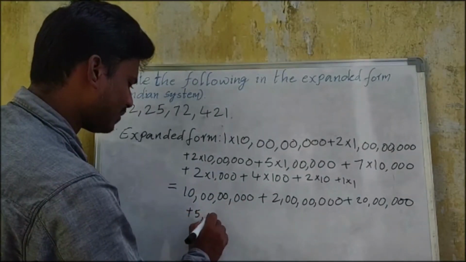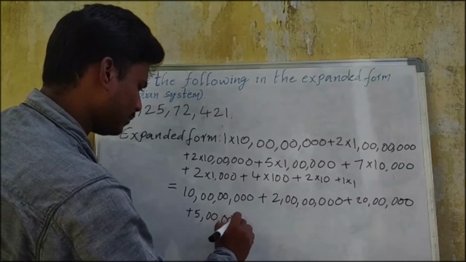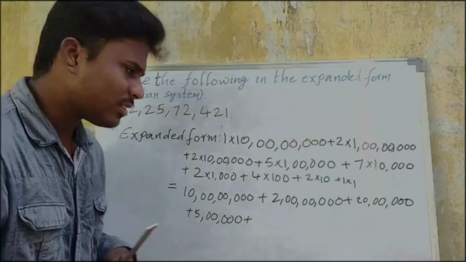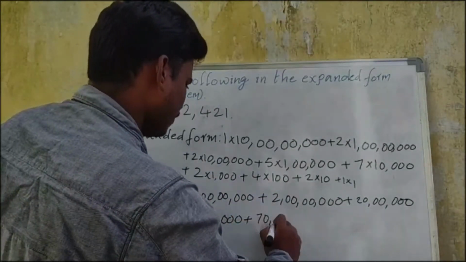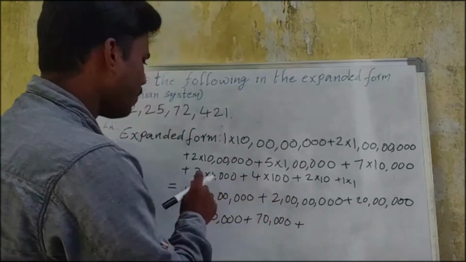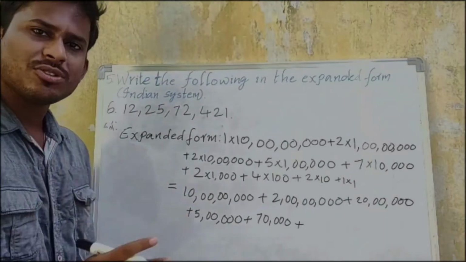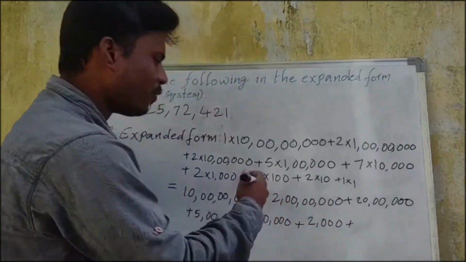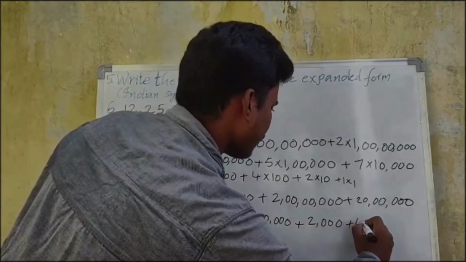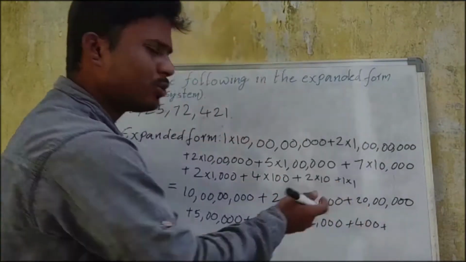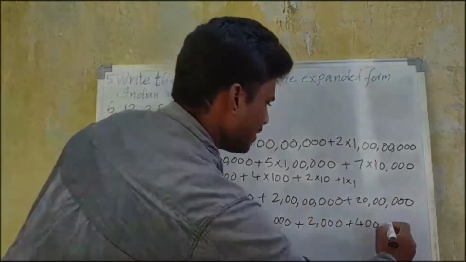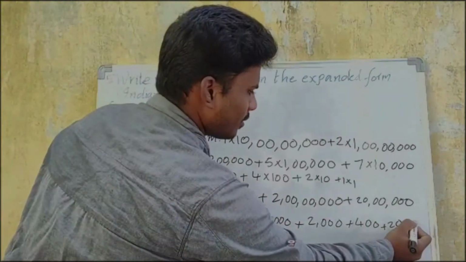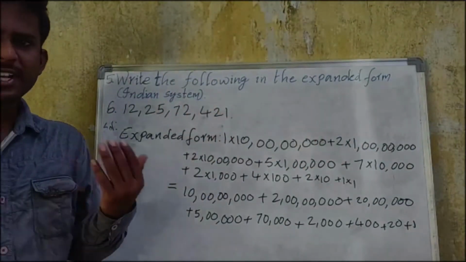Plus 7 into 10,000. 7 tens, 70. So 70,000. Plus 2 into 1000 is 2000. 400. 2 tens, 20. Plus last 1 ones is 1. Okay. Now we completed A question and B question.